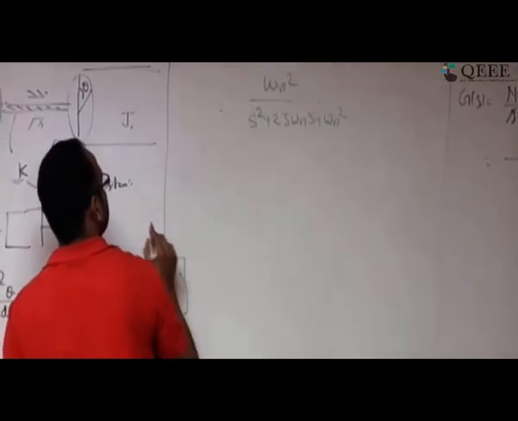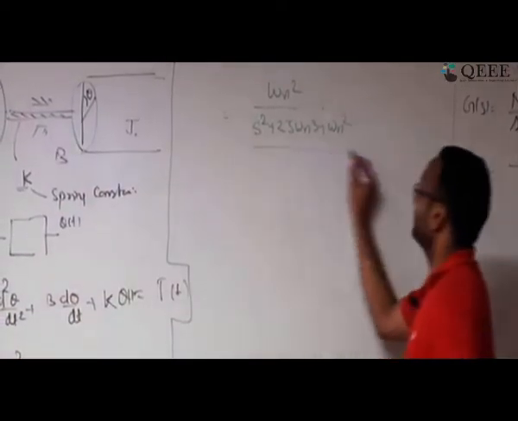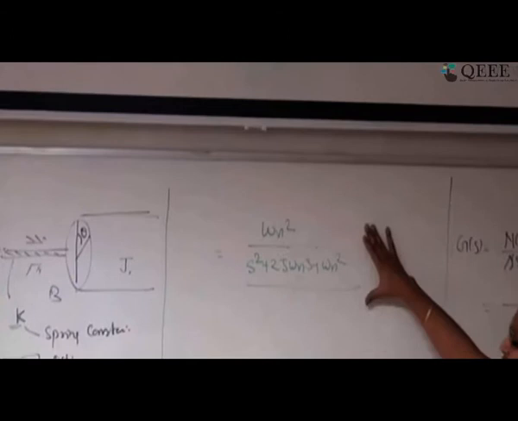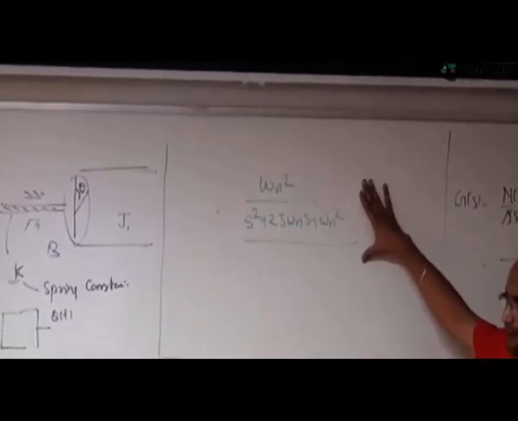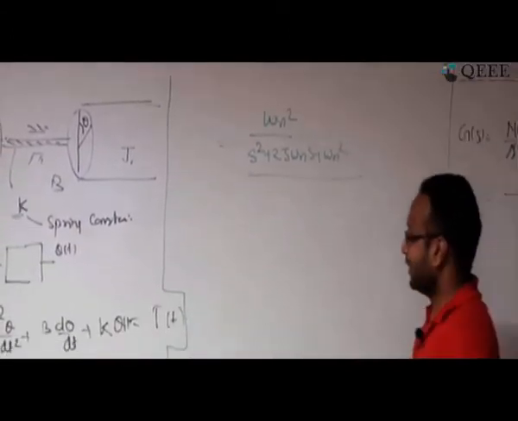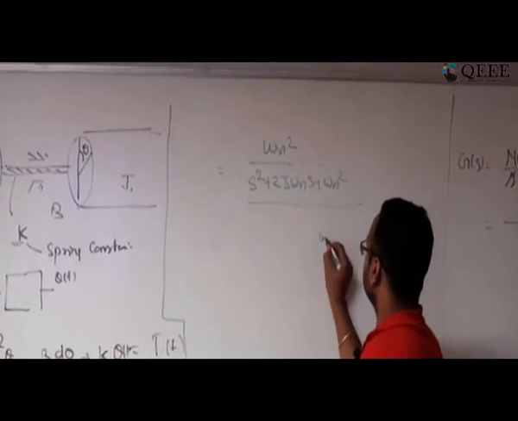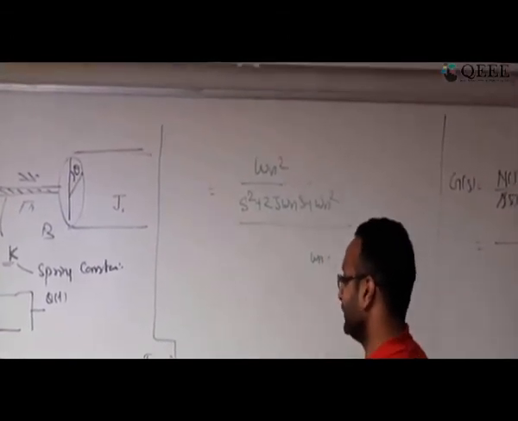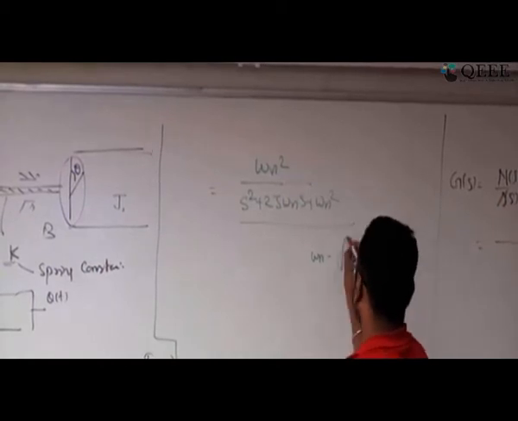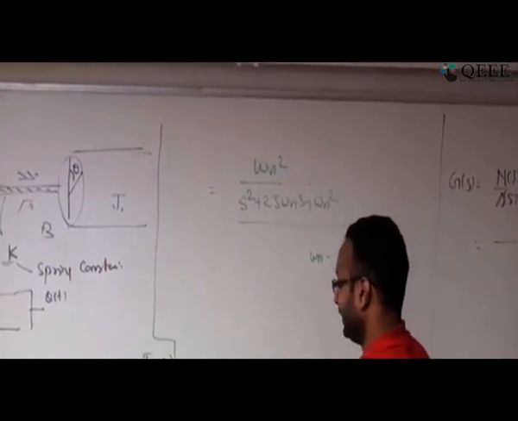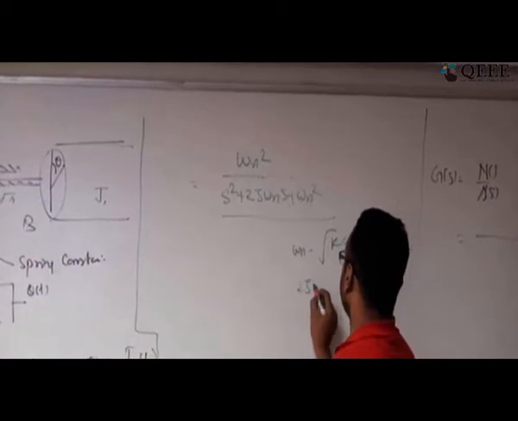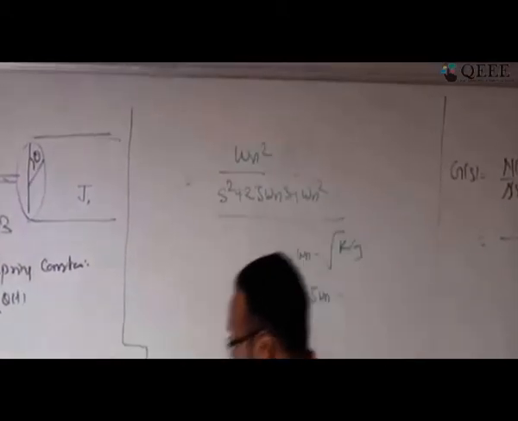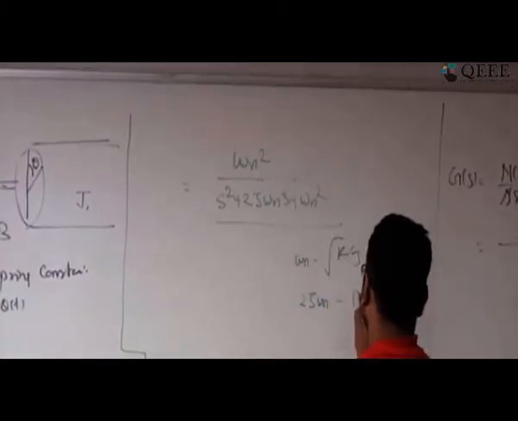Please note that this is the transfer function, the standard way of writing any second order system. If you look at it, what will be omega n in this case? Omega n is going to be square root of k by J, and similarly you can work out 2 zeta omega n is going to be this term b by J.